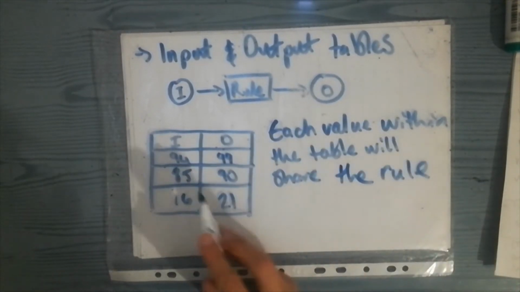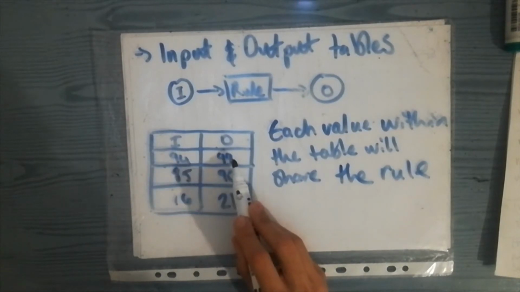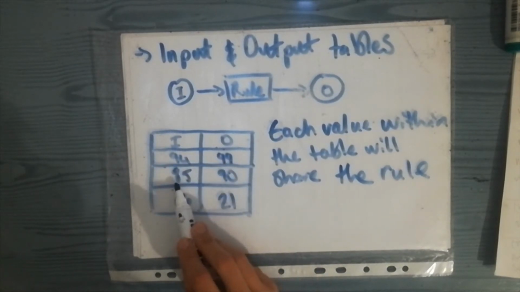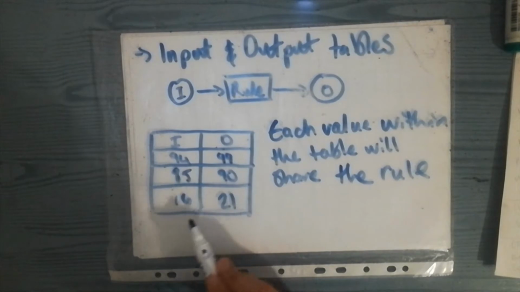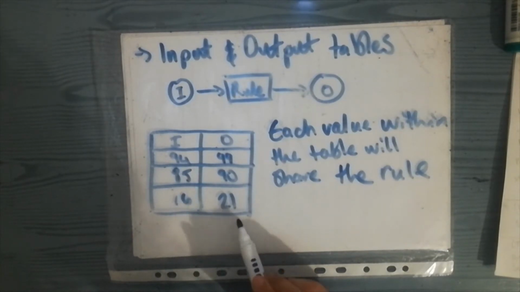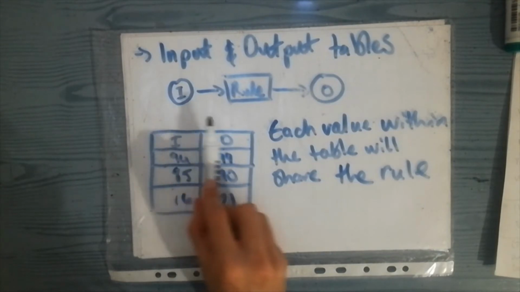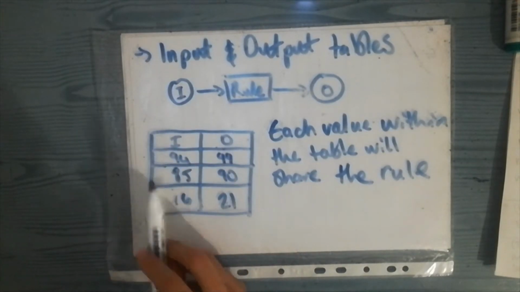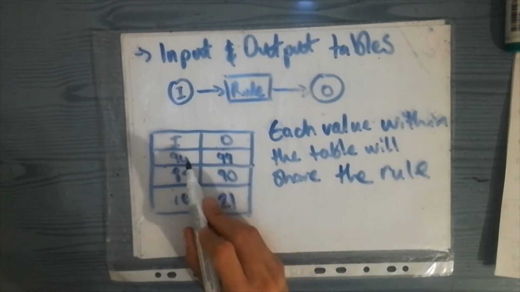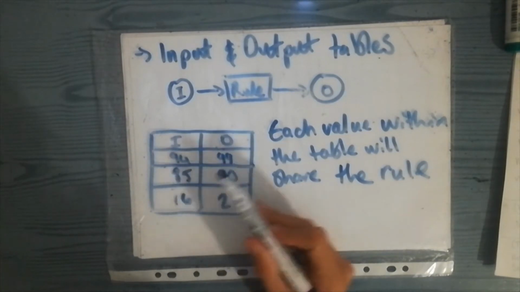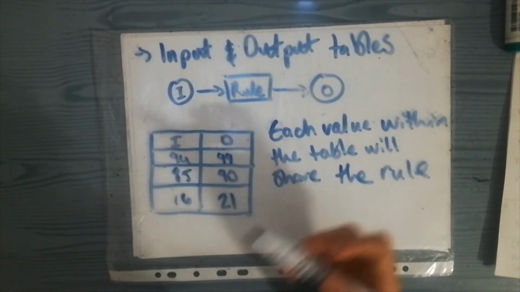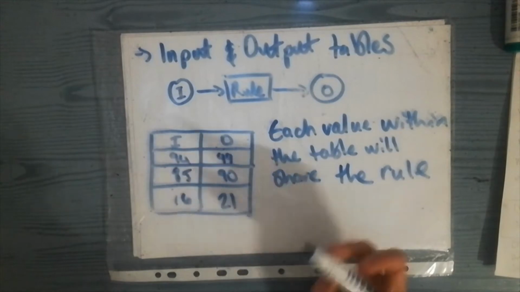So what do you think I'm doing to the 94 to make it a 99? What am I doing to the 85 to make it a 90? The 16 to make it a 21? Are the numbers from the input becoming bigger to the output or smaller? If you notice, 94 to 99, it's bigger. 85 to 90, bigger. 16 to 21, bigger.